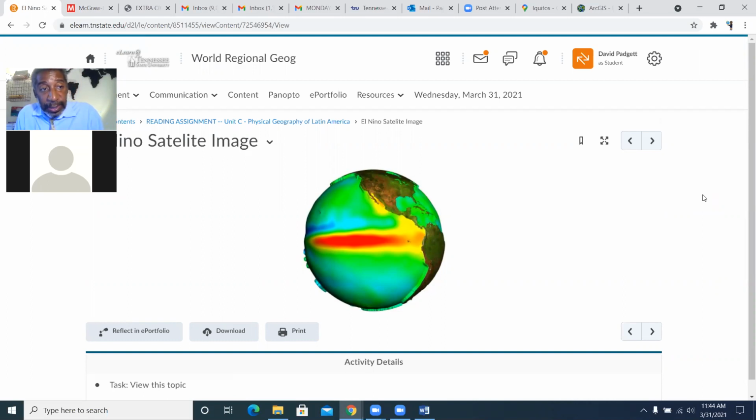And so this is a satellite image, a thermal image, showing the difference in temperatures in and around the equatorial zone of the Pacific Ocean. And you can clearly see that the temperature around the equator is elevated above normal. So this is an illustration of El Nino.